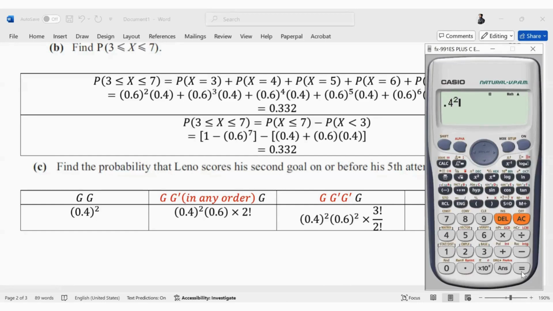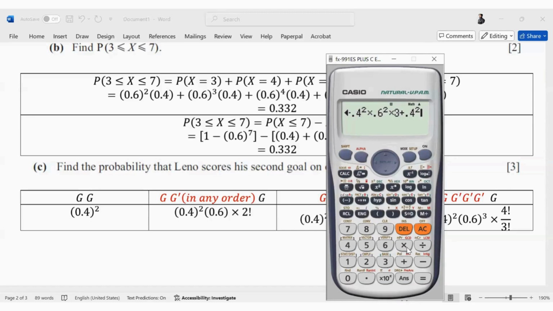0.4 squared plus 0.4 squared into 0.6 into 2 plus 0.4 squared into 0.6 squared into 3, since 3 factorial upon 2 factorial will just be 3, plus 0.4 squared and 0.6 cubed into 4 factorial upon 3 factorial, which is just 4.